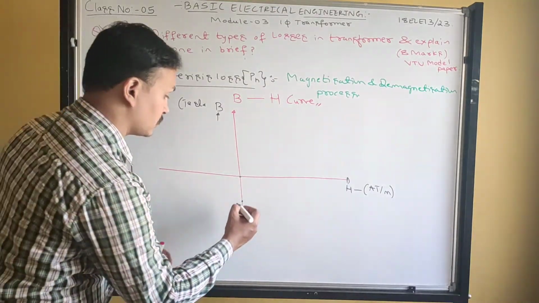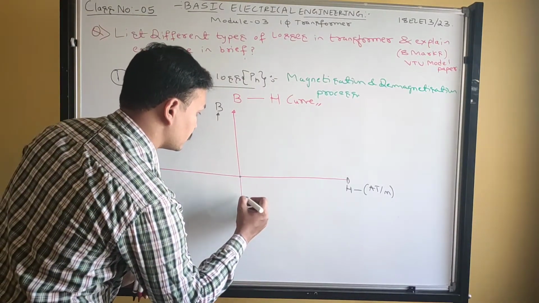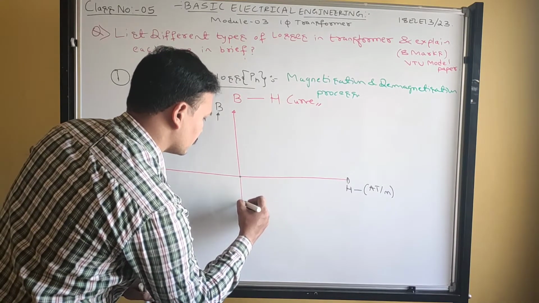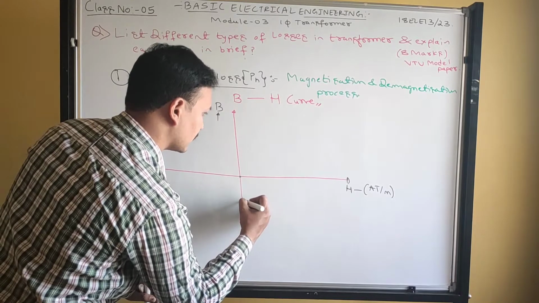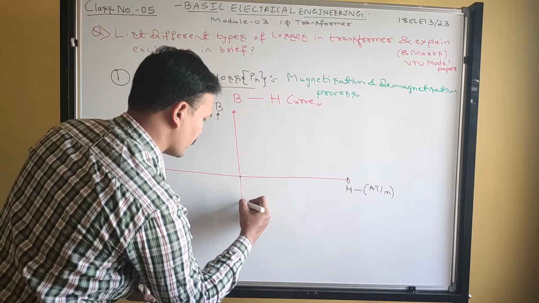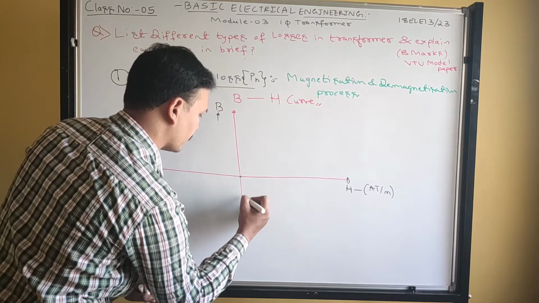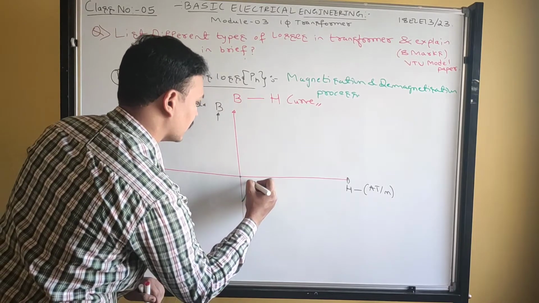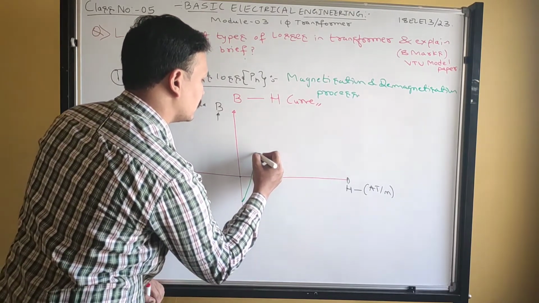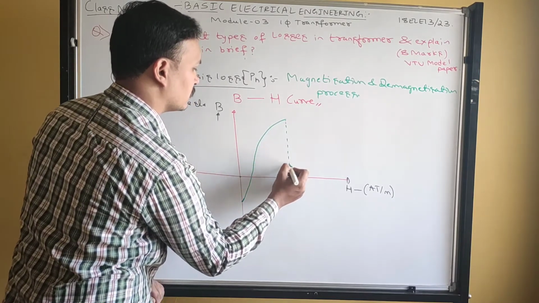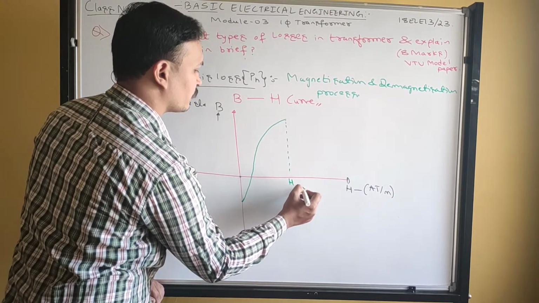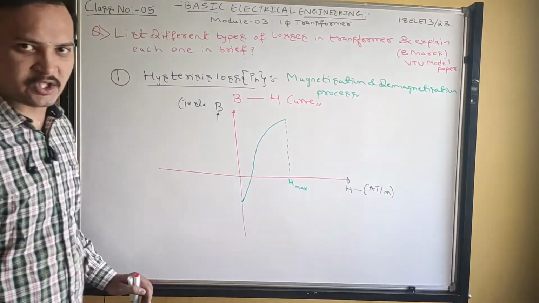Now, as the magnetizing field strength increases from zero to a positive value, finally it reaches the maximum value. This value is called the maximum magnetic field strength, H max.